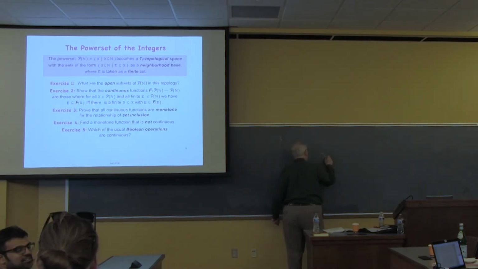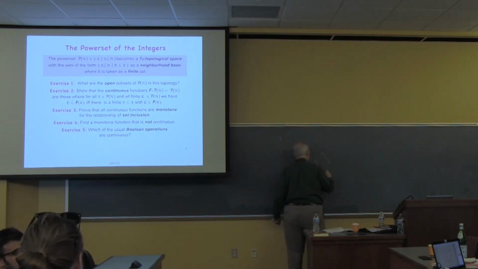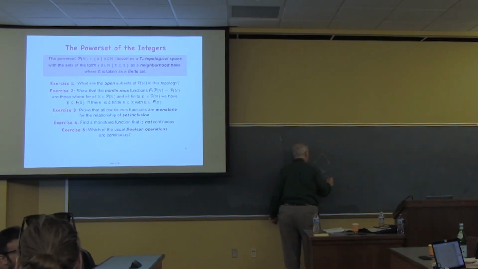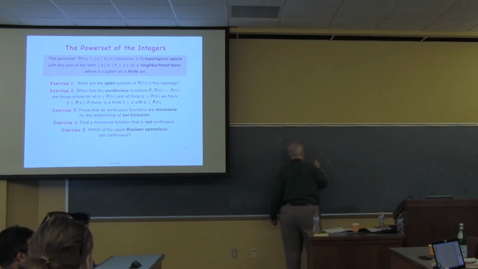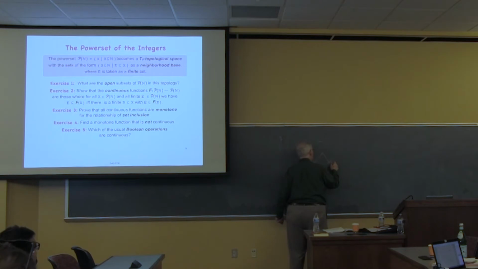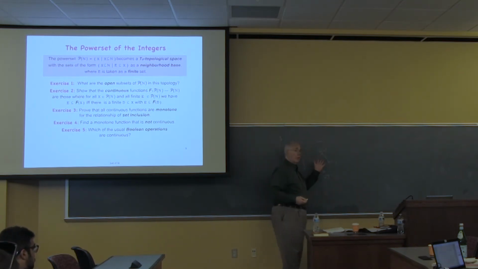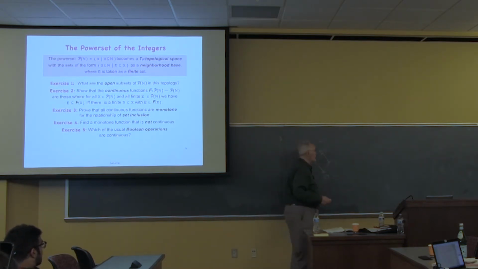Then you can have the four-element Boolean algebra, which you could consider as the empty set, singleton 0, singleton 1, and the whole set 0, 1. And you've drawn pictures of Boolean algebras, right?